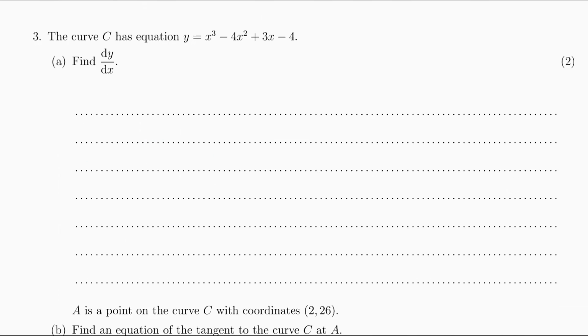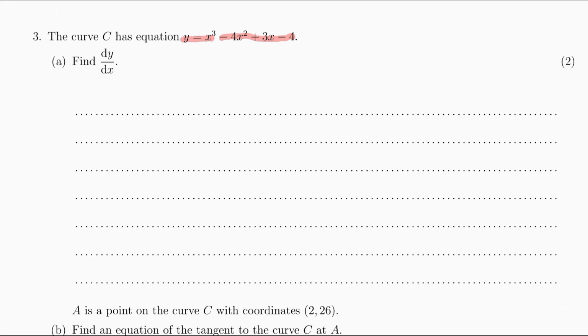Question 3. The curve C has equation y equals x cubed minus 4x squared plus 3x minus 4. And part A requires us to find dy/dx, or the derivative of y with respect to x.